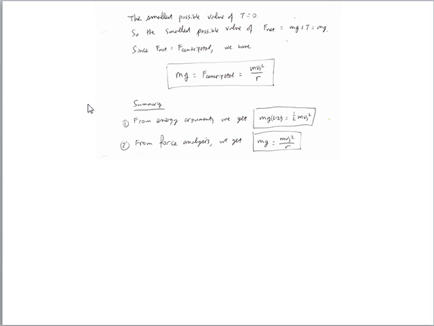Alright, so let's summarize the two results. Using energy arguments, we found that mg times (L minus 2r), the potential energy, the energy left over from the potential energy was mg 2r at the top of the peg, right?